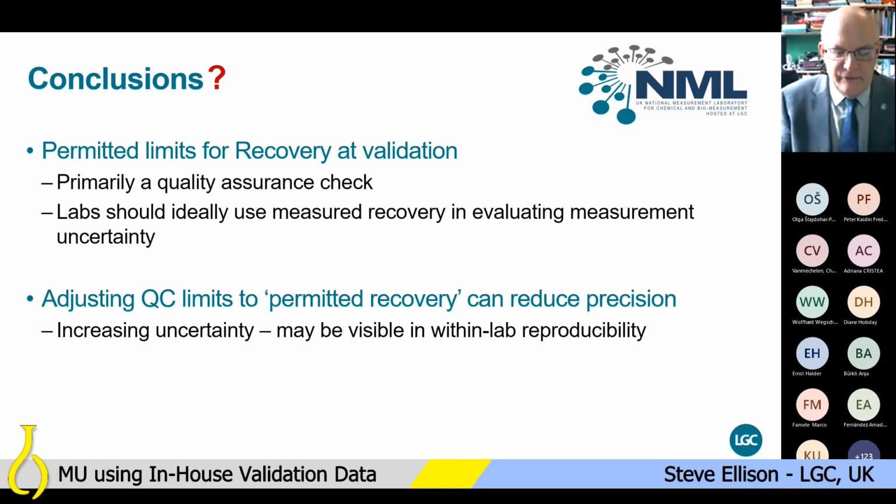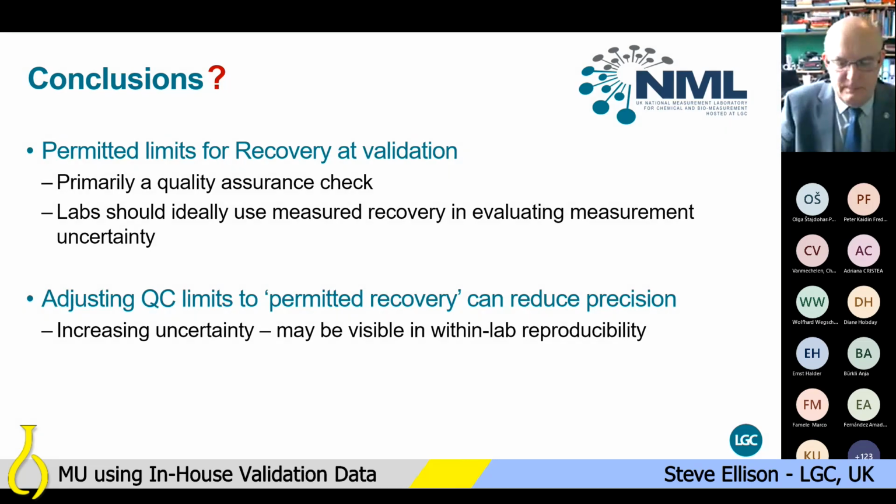If there's a reason that we haven't, for example, we've got a very consistent test sample that we've been using for recovery checks, and we're concerned that it might change over matrices or perhaps over analytes if you're doing something like pesticide studies where you've got 130 analytes you're monitoring for. They can't all be tested and they won't all be in. Then perhaps the permitted range is a useful proxy or something that you could add. So there's a maybe there.